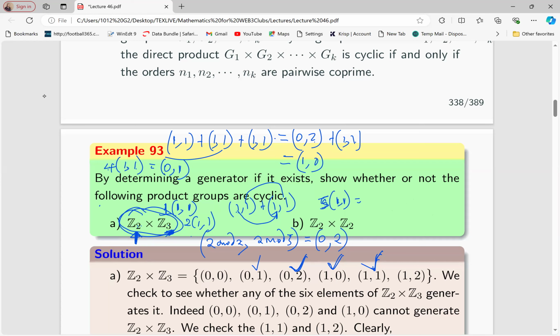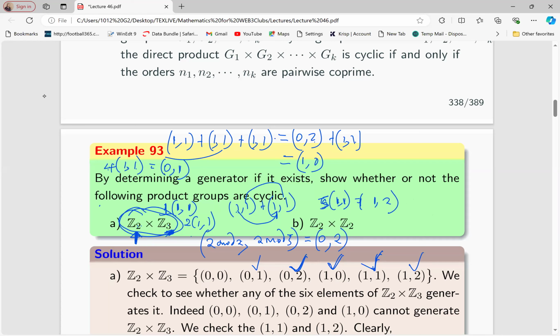Mod 2, if 2 is to go into 5, the remainder will be 1. And then 5 mod 3, if 3 were to go into 5, the remainder will be 2. So we've generated this element.